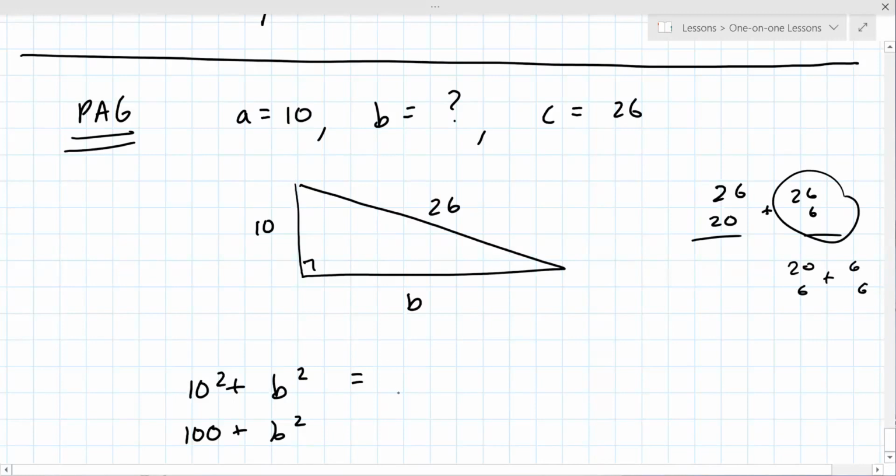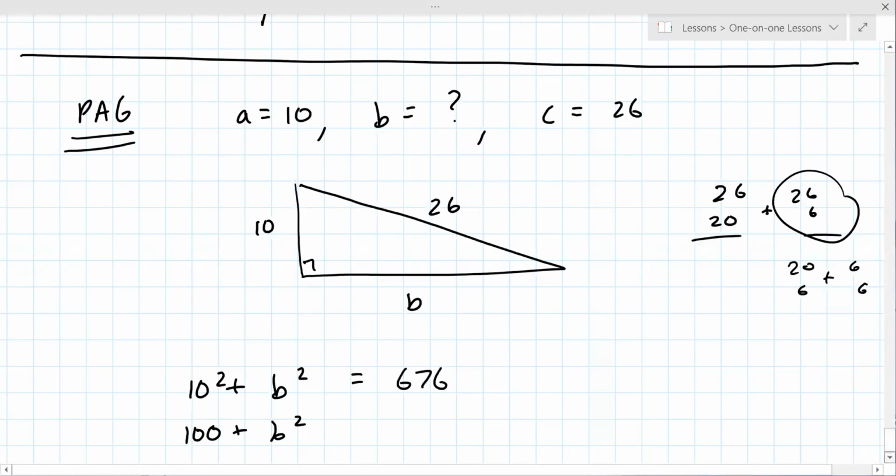So give me the number that goes here. It's 460 plus 156. So let me add that. 616. Okay, so it's 676.